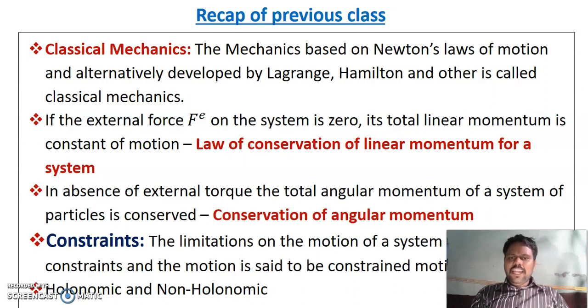Constraints: the limitations on the motion of a system are called constraints, and the motion is said to be a constrained motion. They are classified into holonomic and non-holonomic.